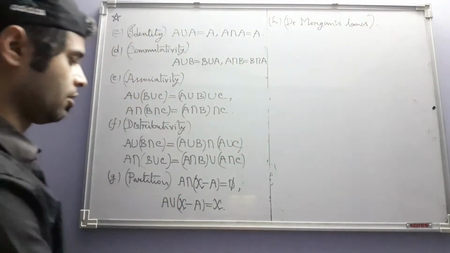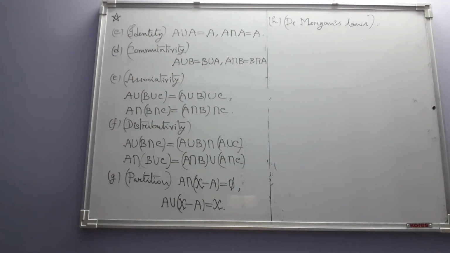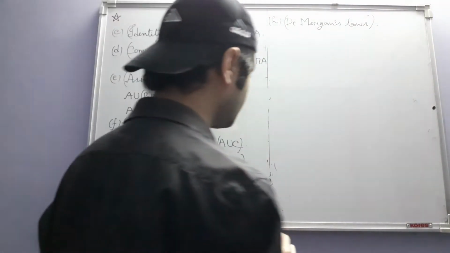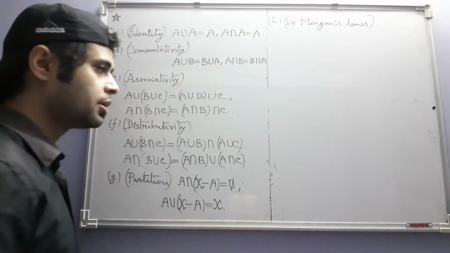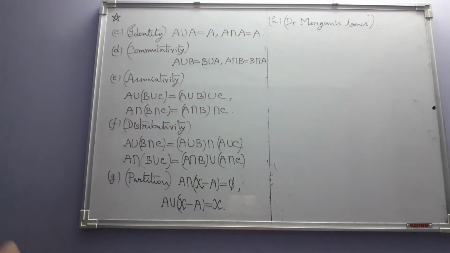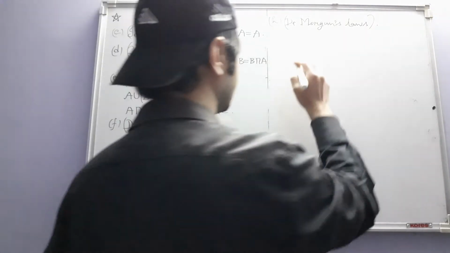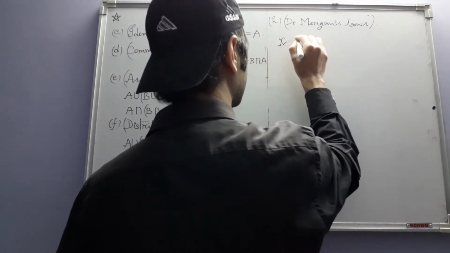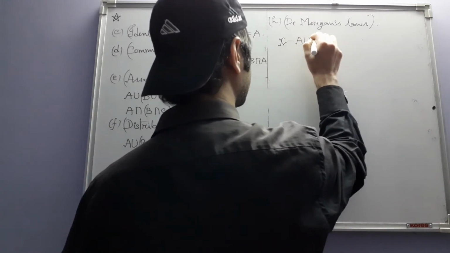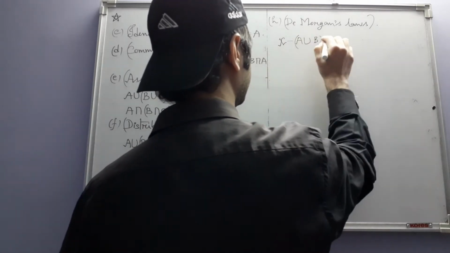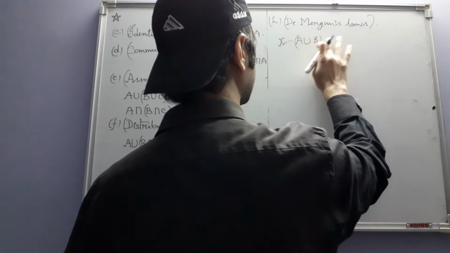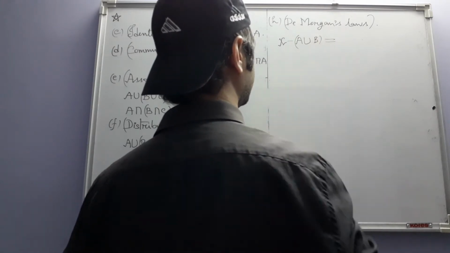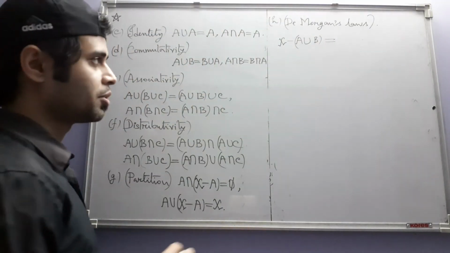De Morgan's laws. So that also we already know. It involves unions, intersection and complements, all of them together. One of them says that the complement of a union equals an intersection of the individual complements.